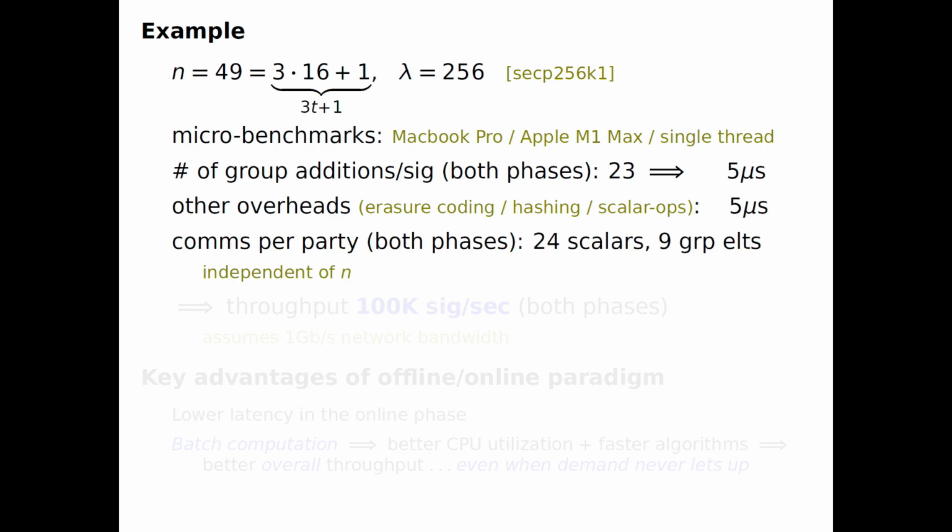So pretty good. The communication complexity per party, if we include both the offline and online phases, will be 24 scalars and 9 group elements. So each party, independent of how big n is, for each signature during both the offline and online phase, amortized, will send out 24 scalars across the entire internet, not to each party, all together.